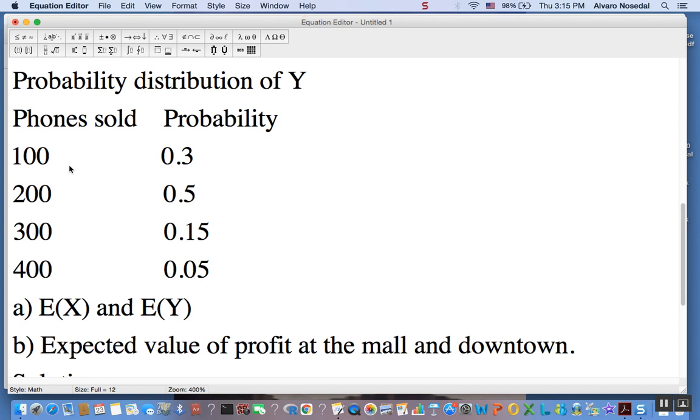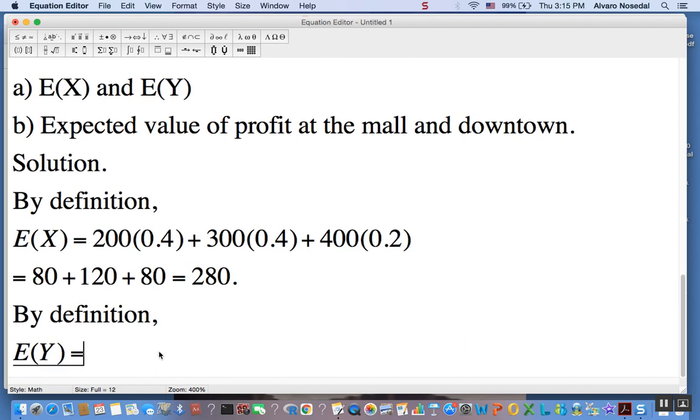So it would be 100 times 0.3 plus 200 times 0.5 plus 300 times 0.15 plus 400 times 0.05. Make sense?